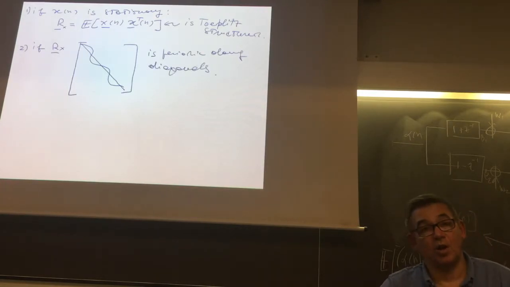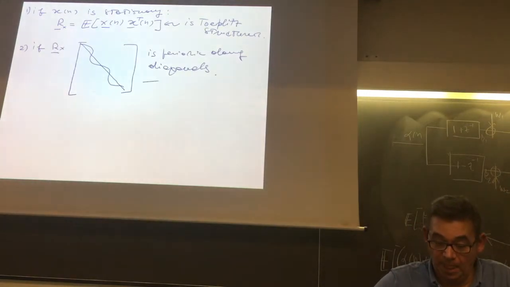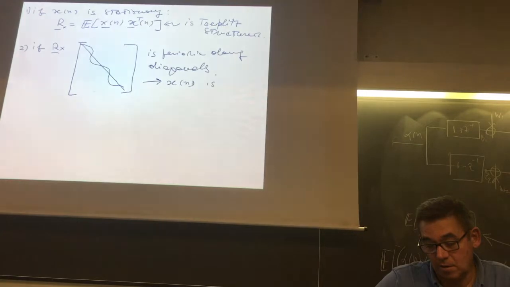If it is periodic along the diagonals, then xn is cyclostationary.